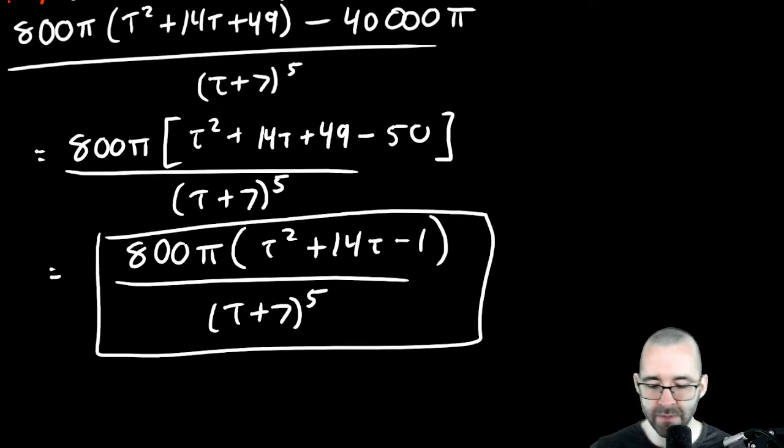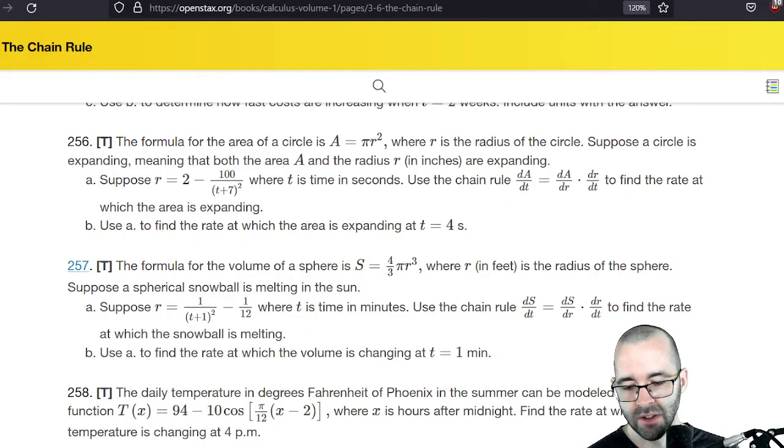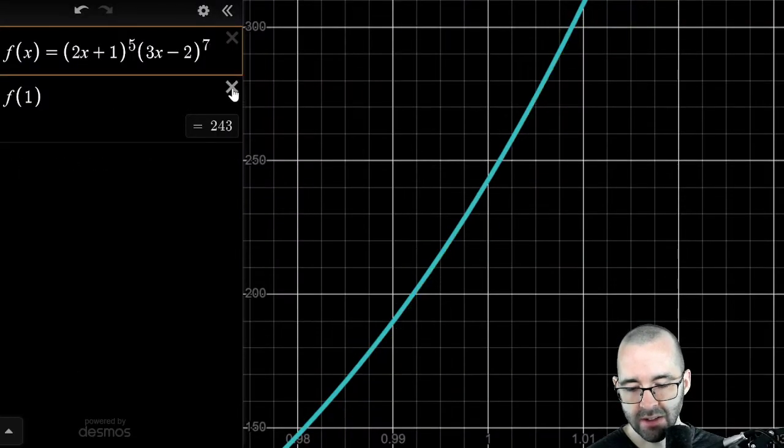It should be the same things. Again, if you're ever curious whether you made a simplification error, one of the ways you can check is to graph both functions and see if they're the same thing. I'll show this off right here and check my answer at the same time.